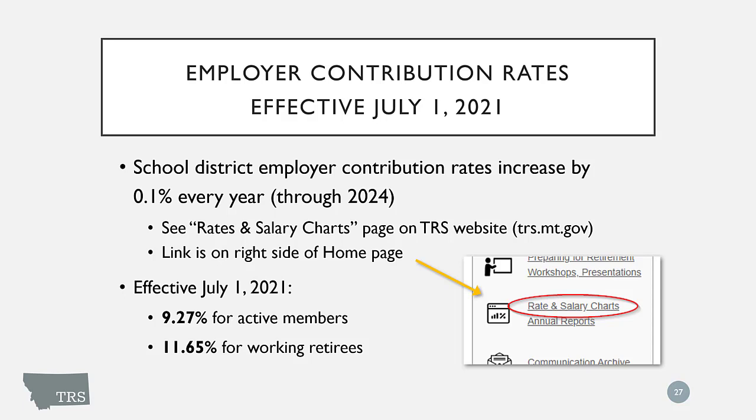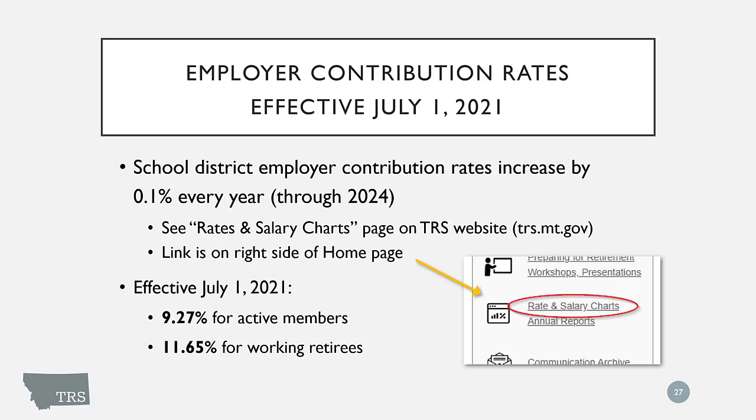We probably just sent out one of these reminders, so hopefully everyone got it, but we'll probably send out more as the fiscal year end approaches. On July 1st, again this year, the employer contribution rate and working retiree rates will increase by 0.1%, and that will happen each year through 2024. So keep an eye out for that.